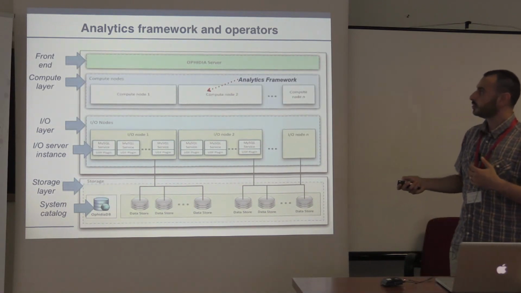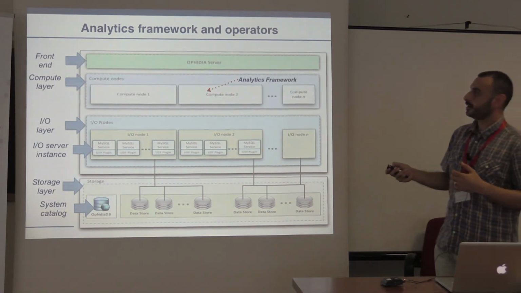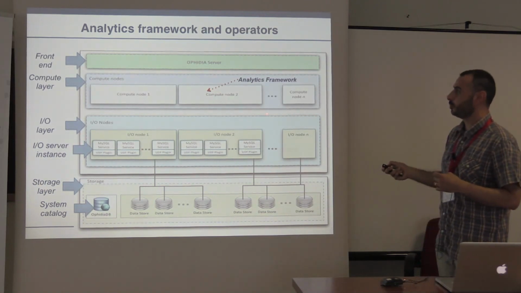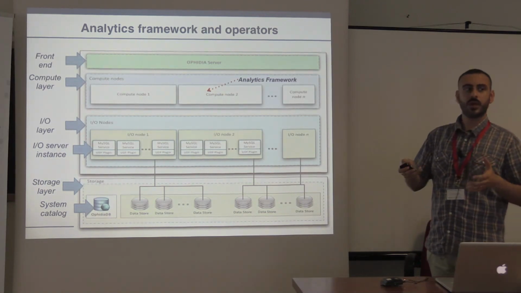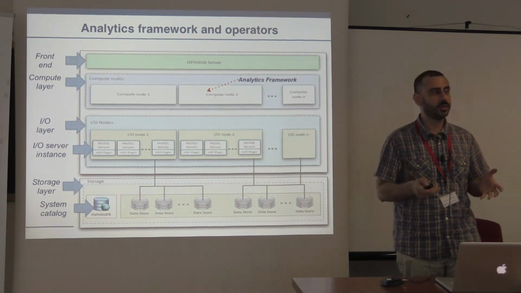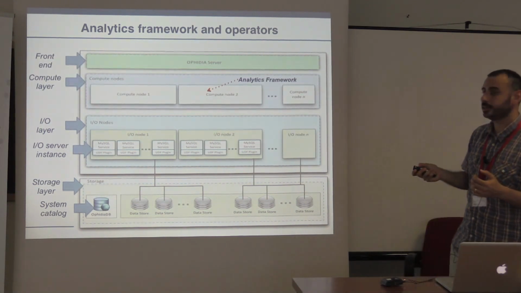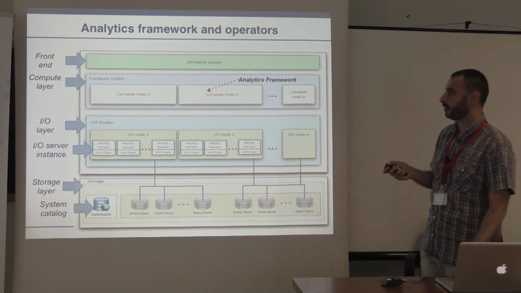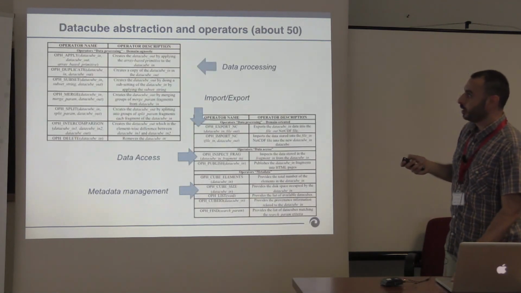Moving to the second layer, it regards the compute nodes layer and the pool of compute nodes on which we implemented the analytics framework and the API-based section of Ophidia.